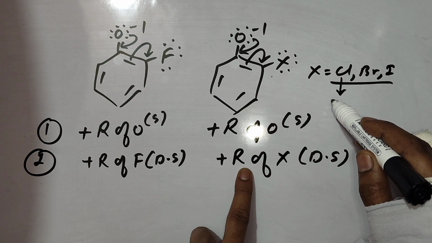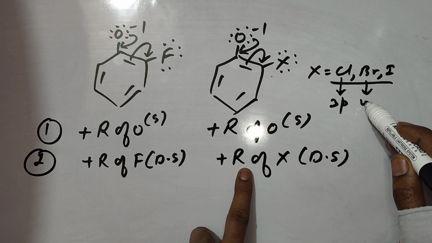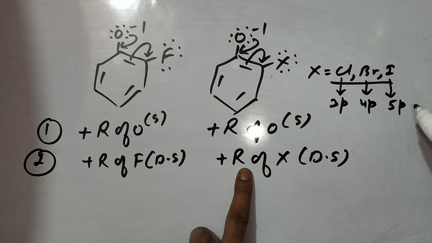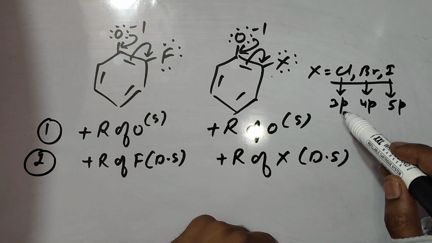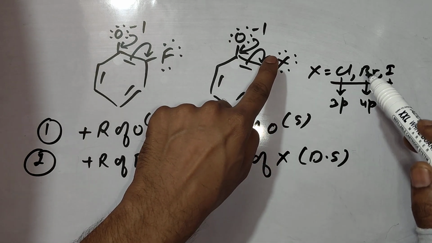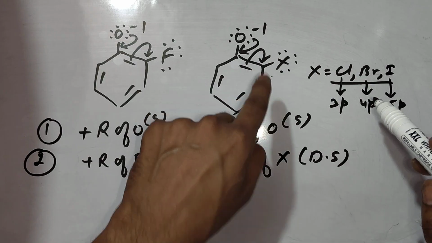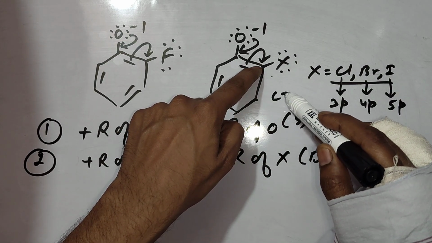Chlorine is using 3p orbital, bromine 4p orbital, iodine 5p orbital. Means these lone pairs, if chlorine is here, are available in 3p. If bromine is there, 4p. If iodine is there, 5p. And carbon is using its 2p orbital.